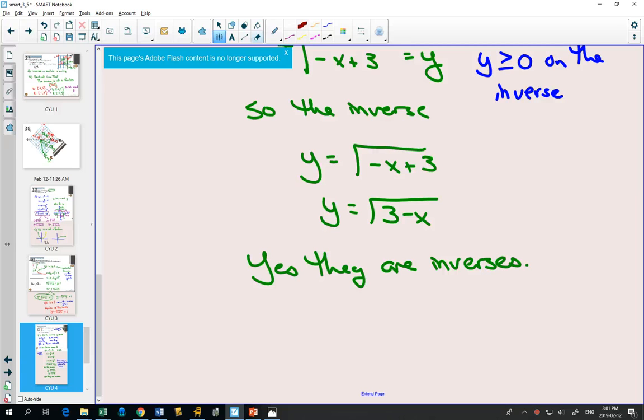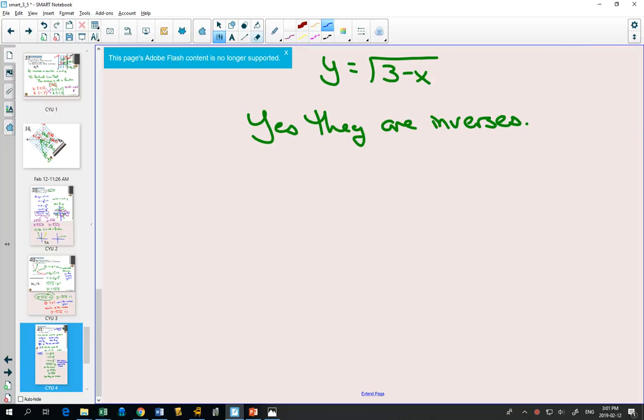In part B, it says verify both of these graphically. So what I'm going to do is, for part A, graph both equations.